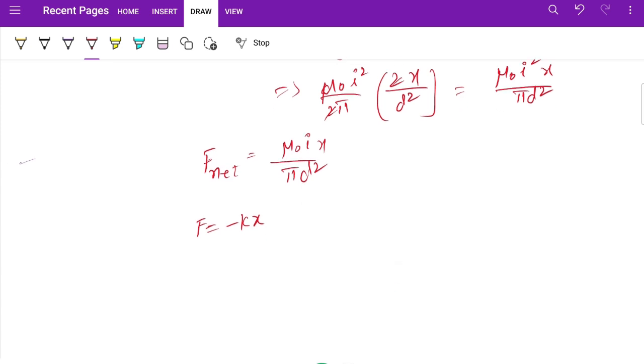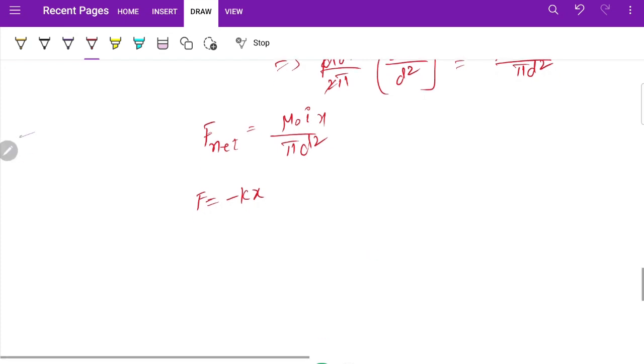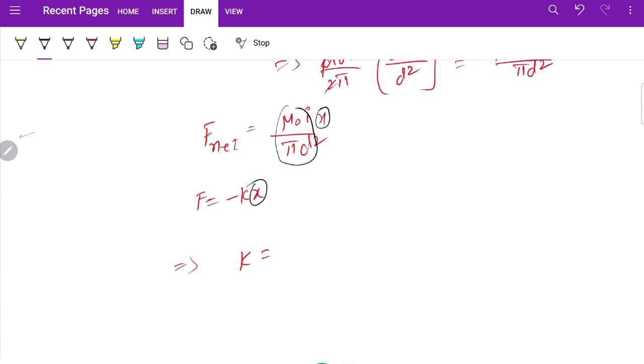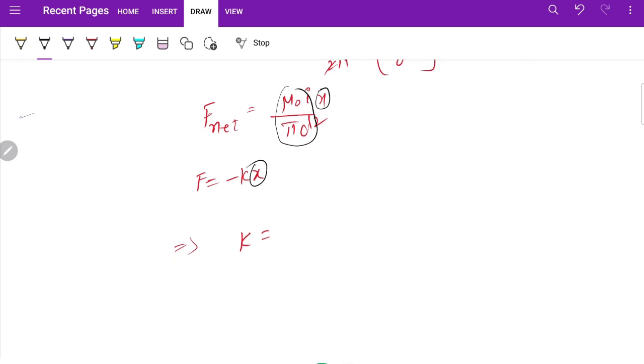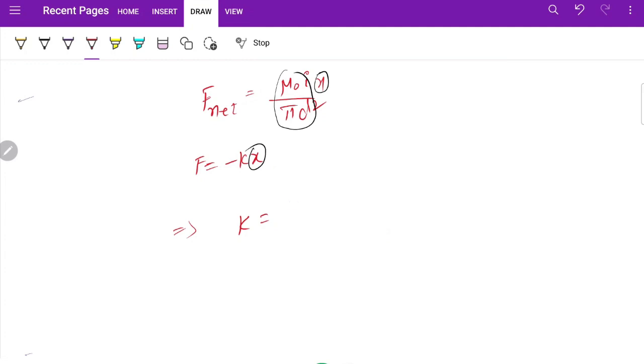So now we can compare these two. Here we have an x term, here we have an x term. So the remaining term can be equivalent to k. Using that analogy, I can write k equals mu naught I square L by pi d square.